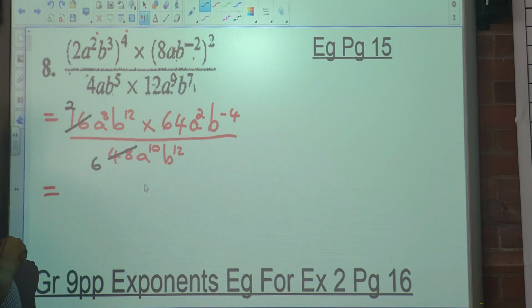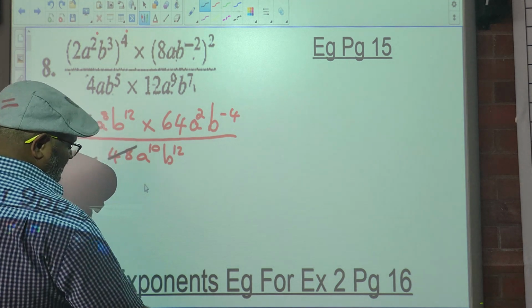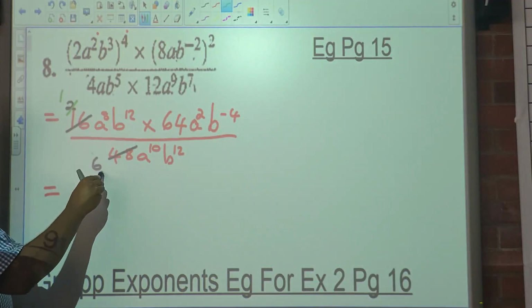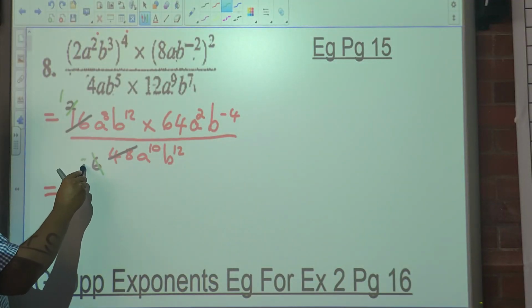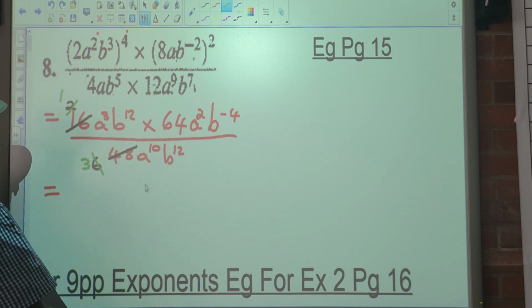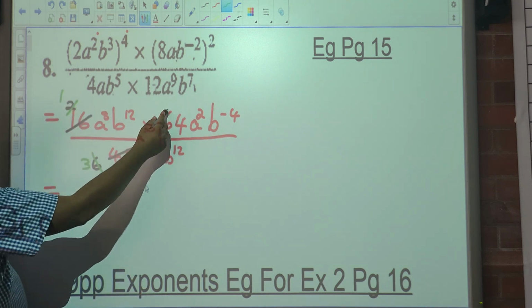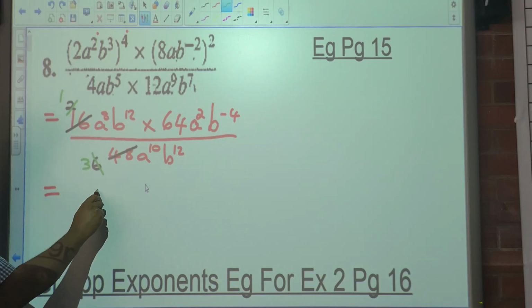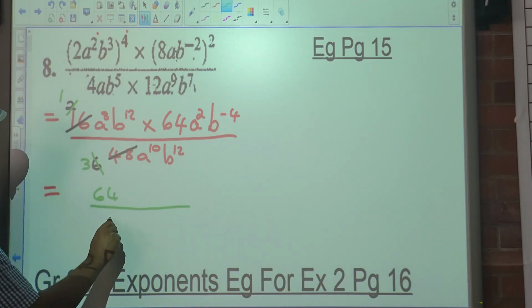Why did I say 4? Right, people? Now, 2 goes into 2 once, 2 going into 6 three times. For our numbers, I'm only left with 64 over 3. Can you see that? So 64 over 3.